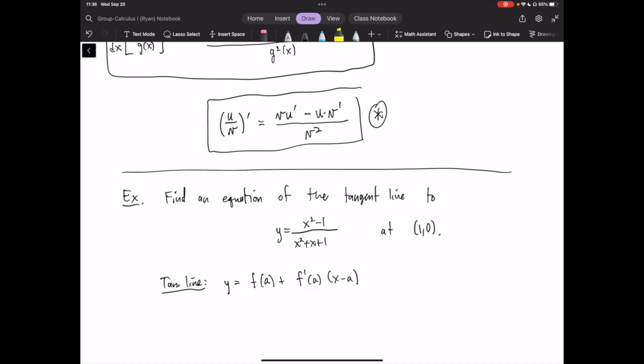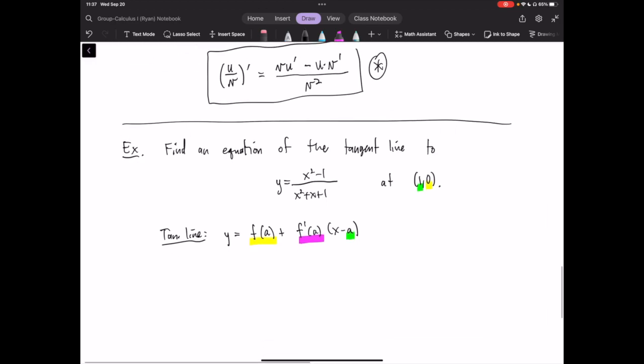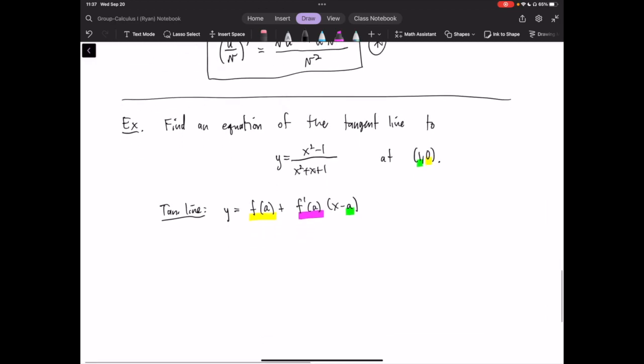So when we highlight everything here, our f of a is the height of our function. Our a itself is the input, right? And then our f prime of a, that's the thing that we need to calculate, right? That's the slope, that's the derivative. So what we need to compute is the derivative of this function at a, and then we'll have the equation of our line here. Okay?